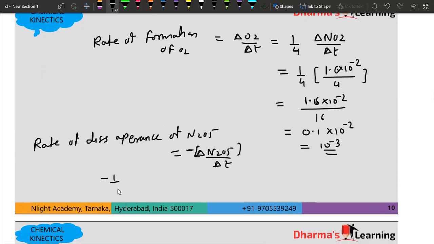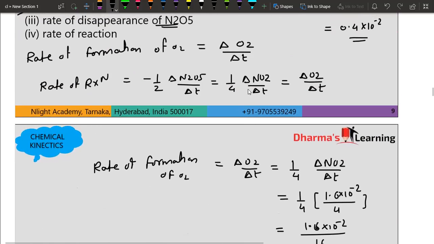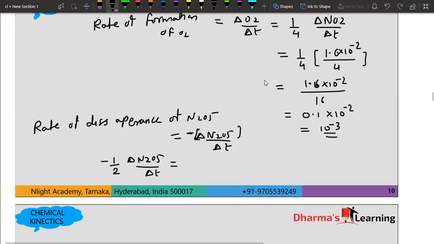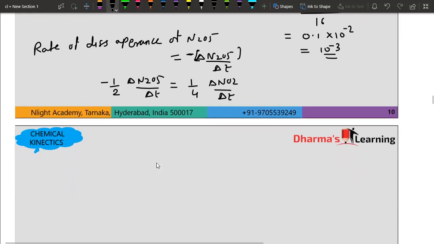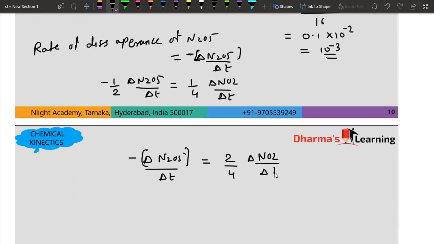From the rate of reaction we have minus 1 by 2 change in concentration of N2O5 divided by change in time, which can be equated with 1 by 4 change in concentration of NO2 divided by delta T. Now what we want is only this, so we get the change in concentration of N2O5 divided by change in time with the minus symbol, which is nothing but the rate of disappearance of N2O5, equals 2 divided by 4, change in concentration of NO2 divided by change in time, right?